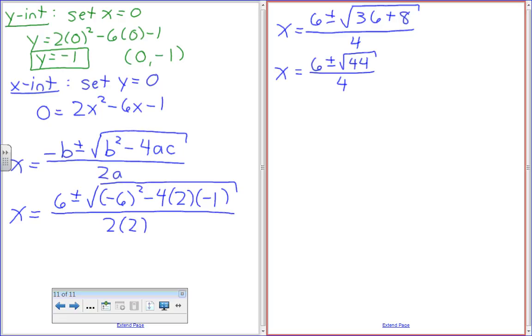Tiana, can you please take the square root of 44 from me and give me 3 decimal places? 6.633. And I'm sure there's more, but that's fine.